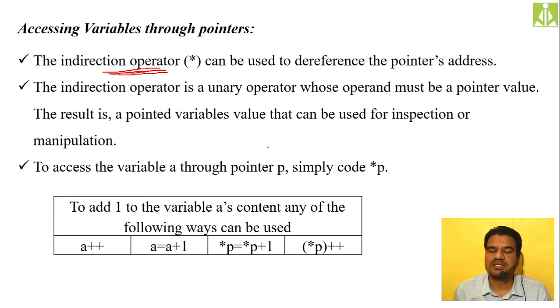When you use this asterisk indirection operator, you will get the value from the address.